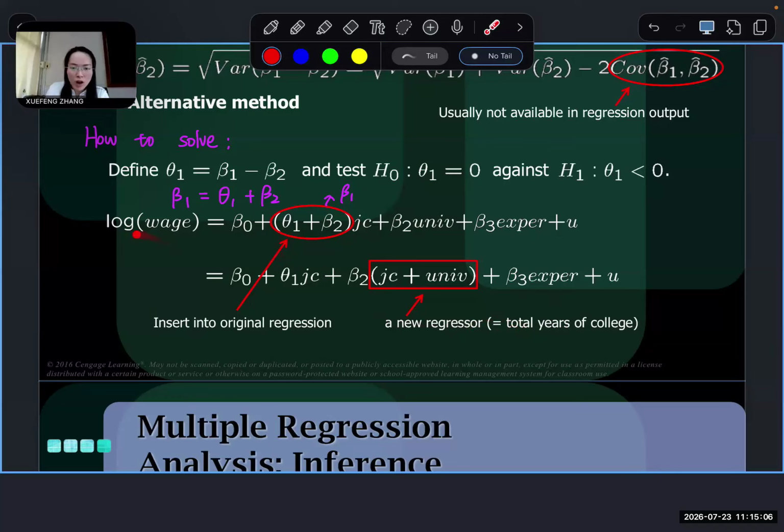We're going to run this regression instead, using GC and GC plus universe as our two regressors, X1, X2, and the coefficient on GC is theta 1 directly. And it's exactly beta 1 minus beta 2.